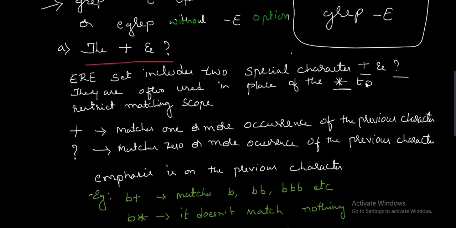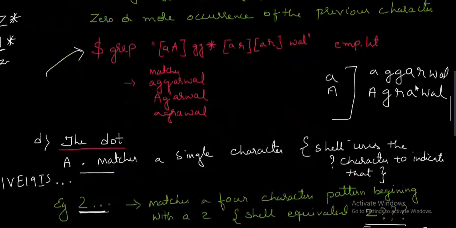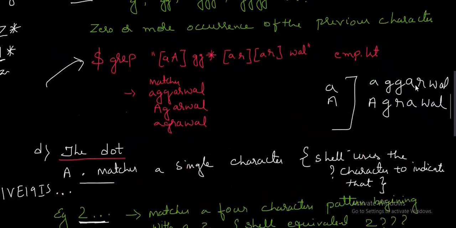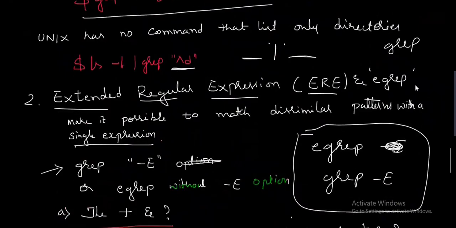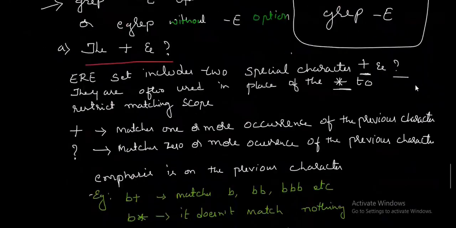Similar to the other operators we have used in basic regular expression, you can use them in extended regular expression also, only in place of asterisk. You can use either plus or question mark according to the pattern you want to match. We have not used question mark or plus anywhere so far. Now in place of asterisk, you can use these two special characters.